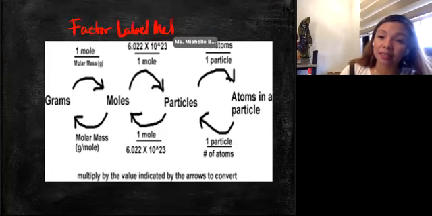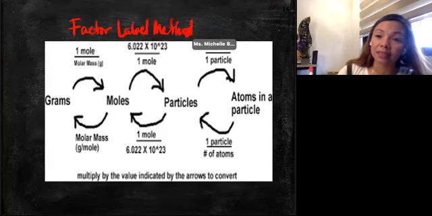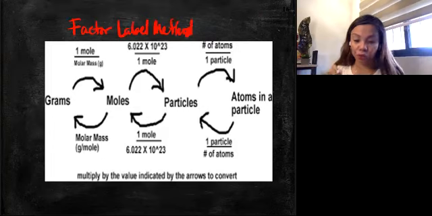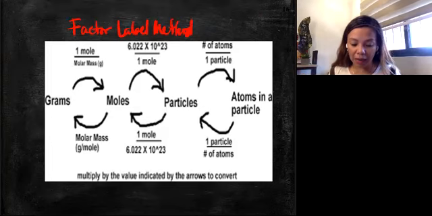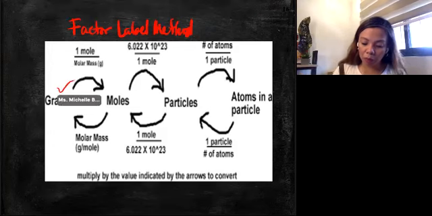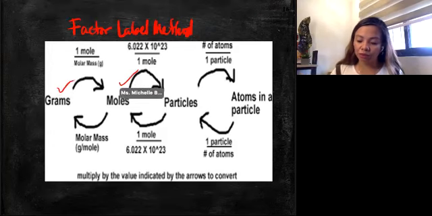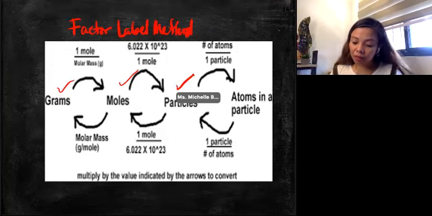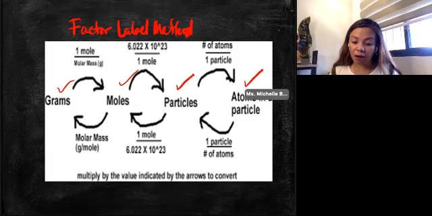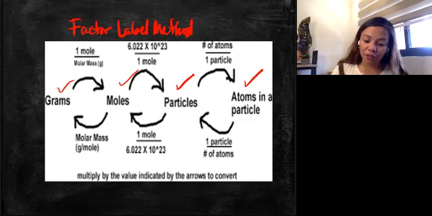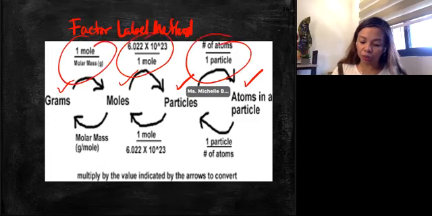This method is cancellation of unwanted units. Before we move into this factor label method, we have grams. You need to convert grams to moles, and you need to convert that to particles or particles to atoms. These are the things that you are going to use.